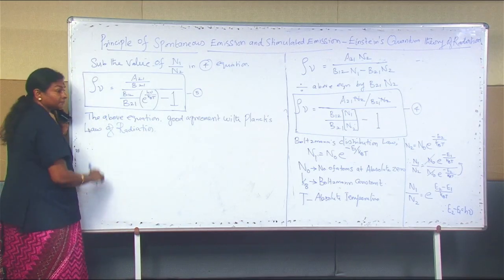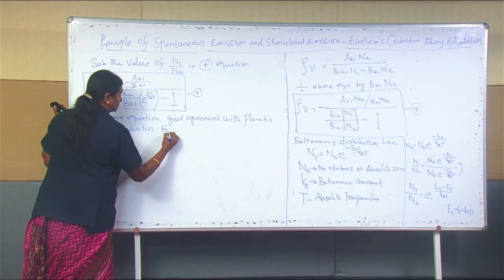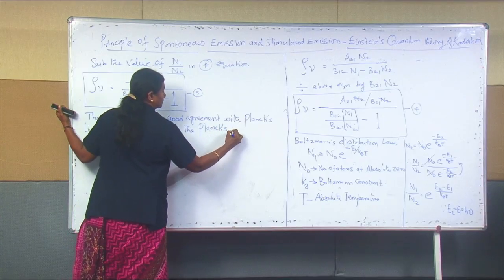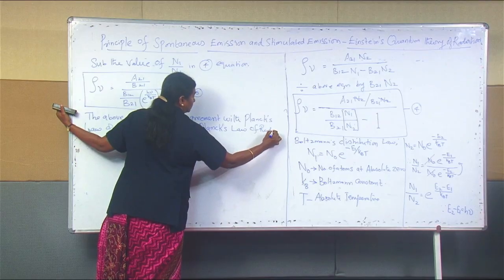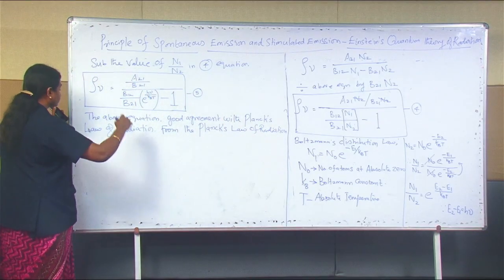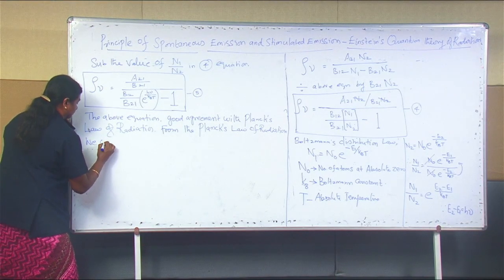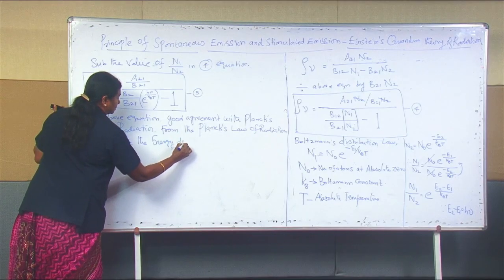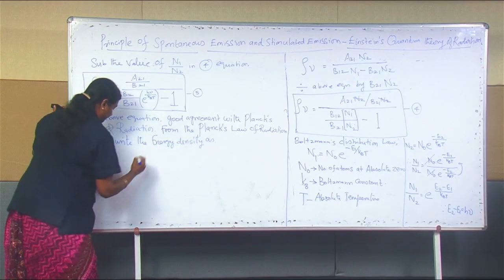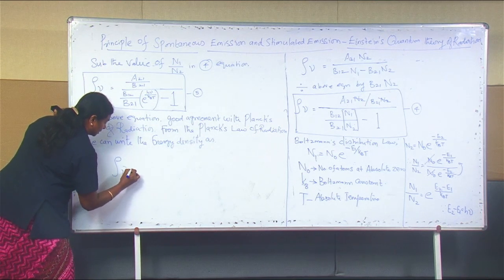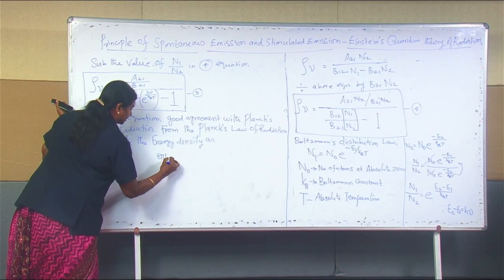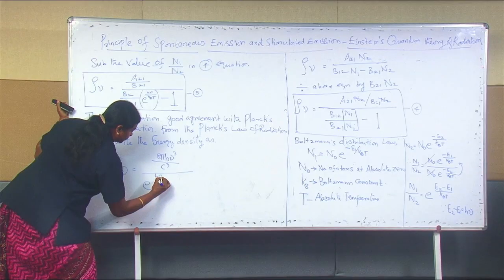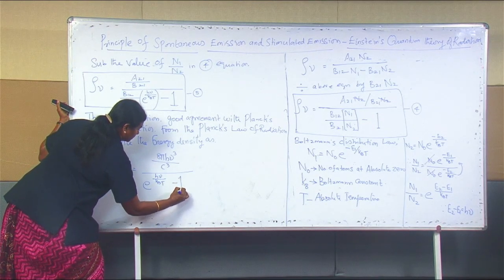Therefore, from the Planck's law of radiation, we can write the energy density as rho nu, which is equal to 8 pi h nu cube by c cube divided by e to the power of h nu by kBT minus 1.